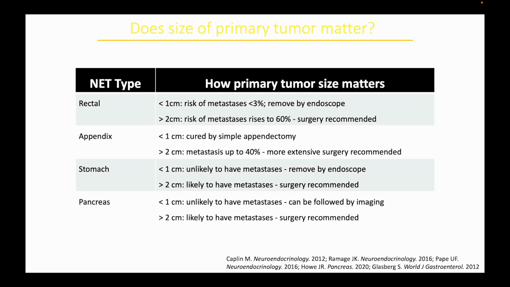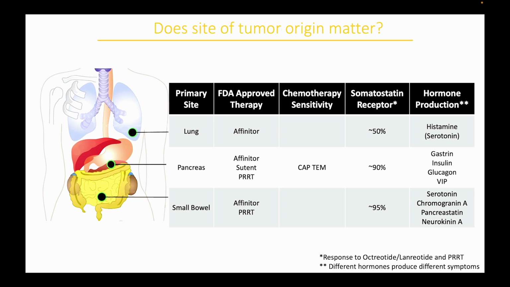If it's less than 1 centimeter, it's unlikely to cause problems. They just need it removed, and that's about it. At least that's what the recommendations are. More than 2 centimeters, there can be problems, and that goes for pancreas as well. And that sometimes drives our therapy. So the size does matter.